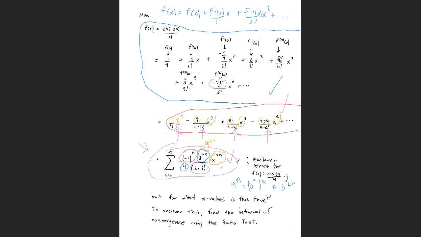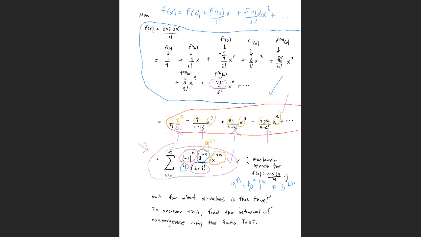Renaud asks, why is the x to the 2nth power after each term, because of the original formula?